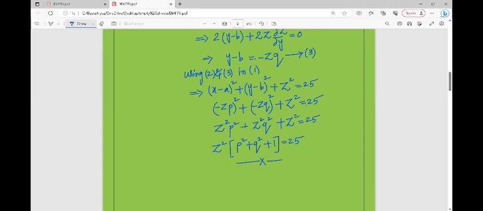So this is the solution of the differential equation after framing the partial differential equation.